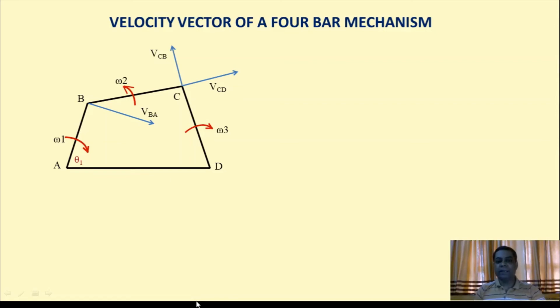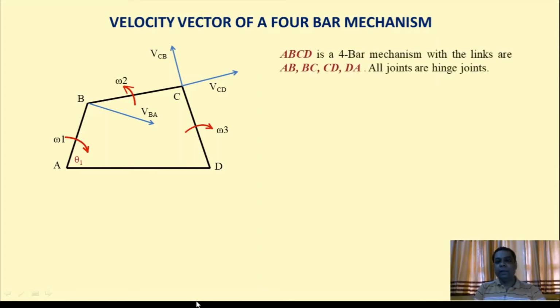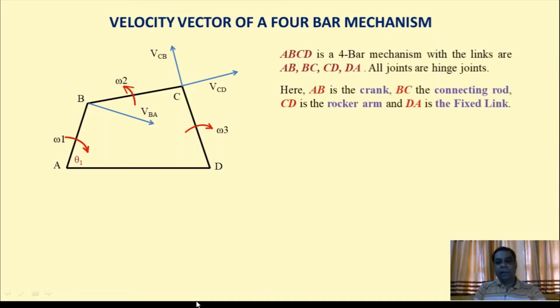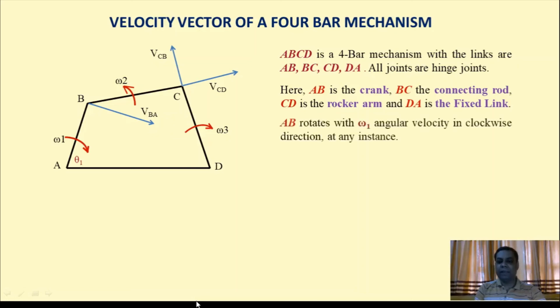At any instant the velocity component of B, Vba, makes an angle of 90 degrees, or is perpendicular, to the imaginary line connecting point A to point B. Here AB is the crank, BC is the connecting rod, CD is the rocker arm, and DA is the fixed link.